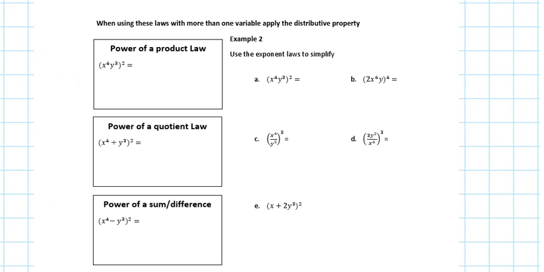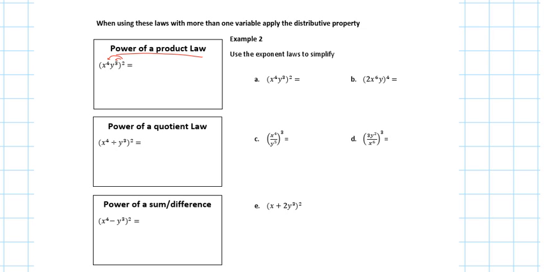Now, can I simplify inside the bracket? No, because they're different bases. They're not the same base, so I can't simplify them. Now, because it's a power of a product, that 2 is going to affect both terms inside the bracket. So, power to the power, I have to multiply.